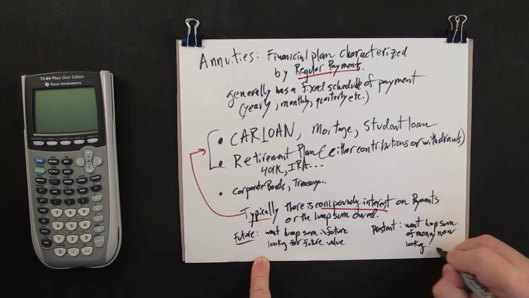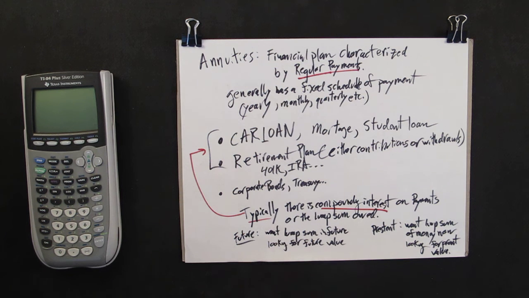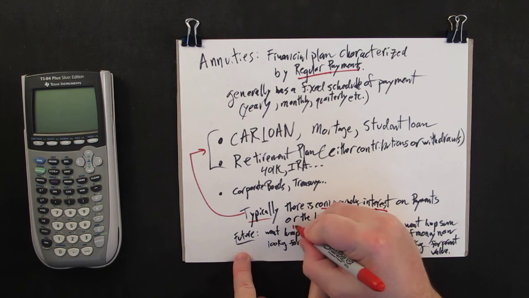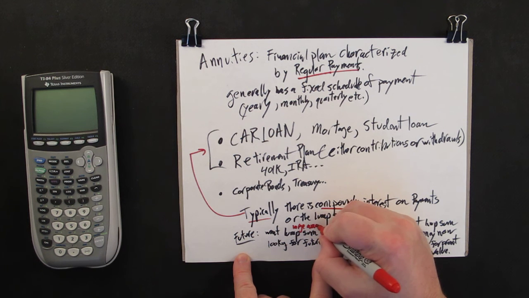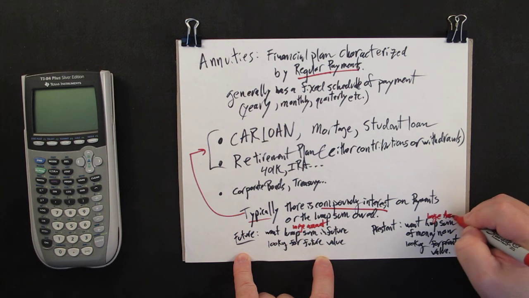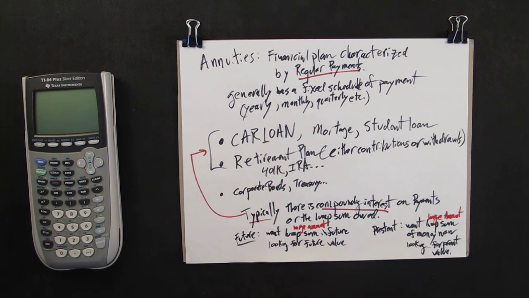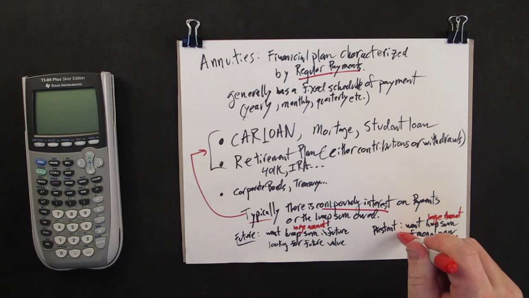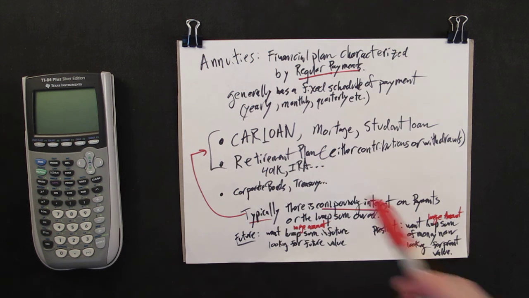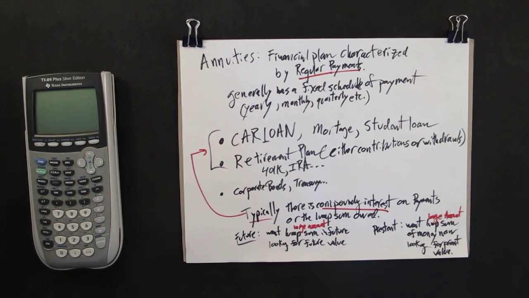So you're going to be looking for present value. You can think of the lump sum means large amount. And so with the car loan or the mortgage or the student loan, it's typically the present value because you're borrowing it now and then you have to repay it. With the retirement plan, when you're making contributions, that's future value because you're going to have that when you retire.